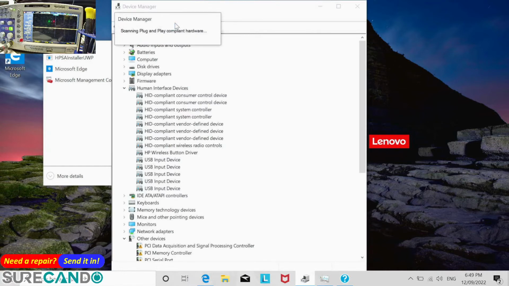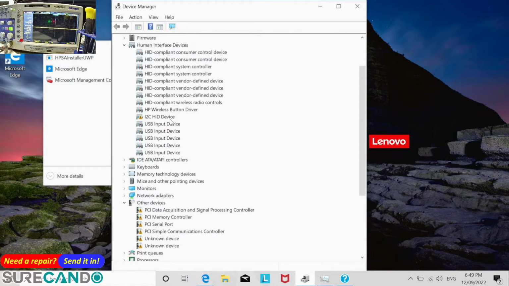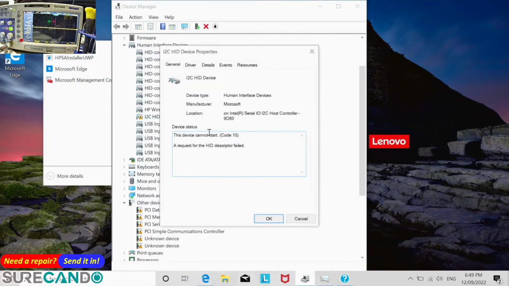I2C device. That's interesting. I2C bus.